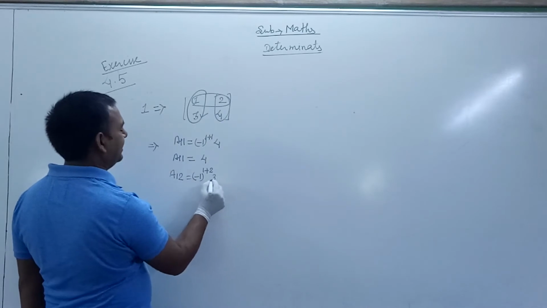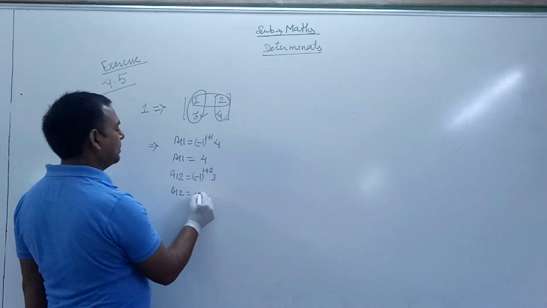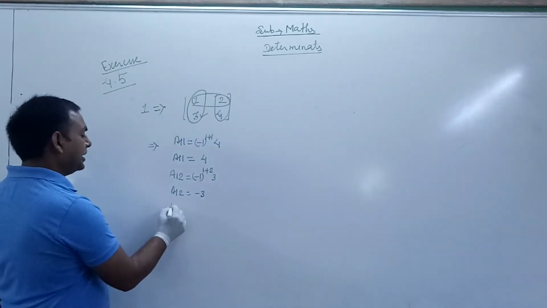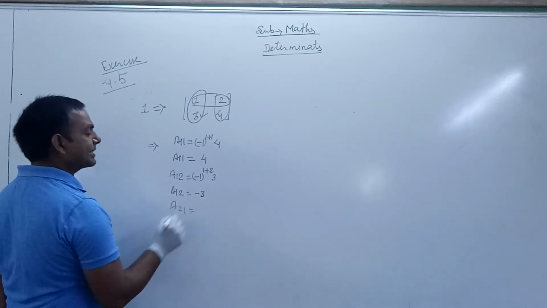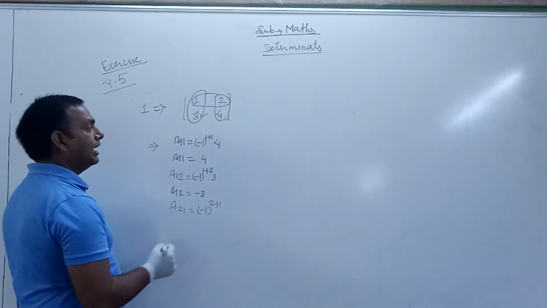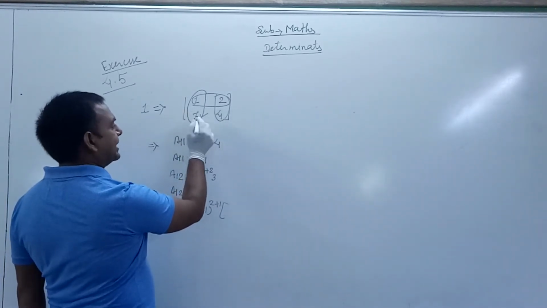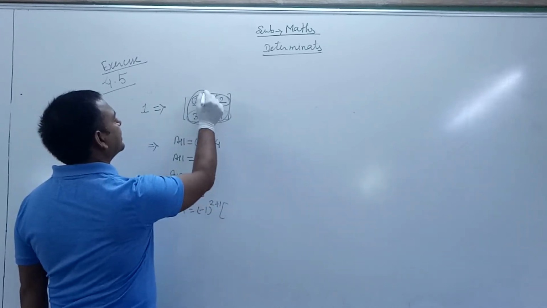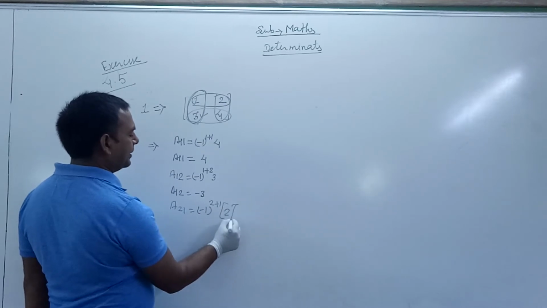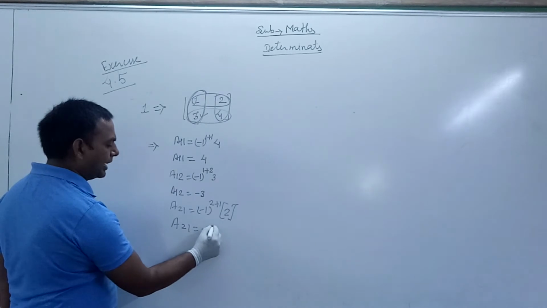So A12 is equal to minus 3, because the power is odd. Third, you take A21: minus 1 to the power 2 plus 1. You remove the second row totally and the first column, so the element is 2. Therefore A21 is equal to minus 2.